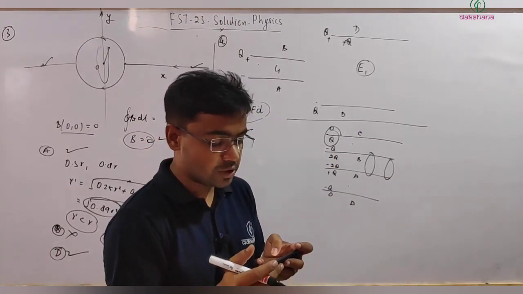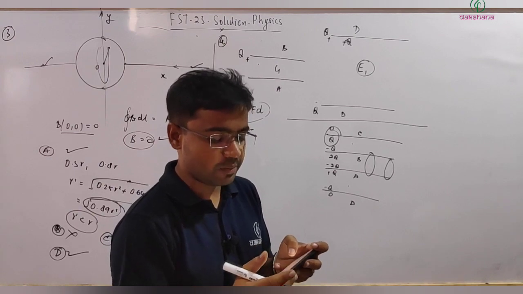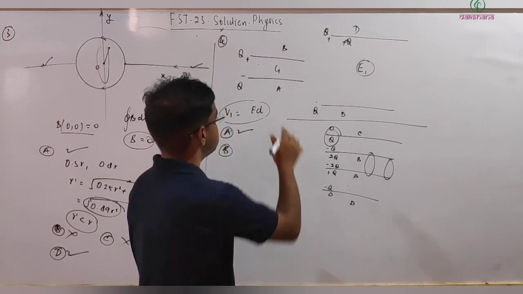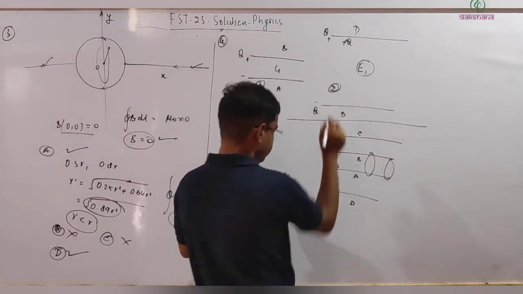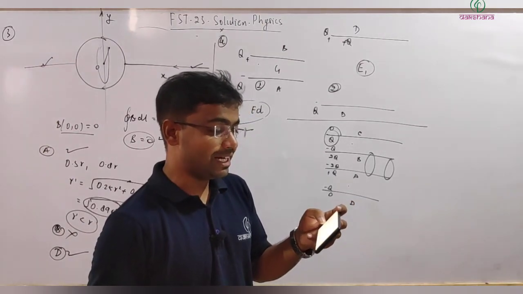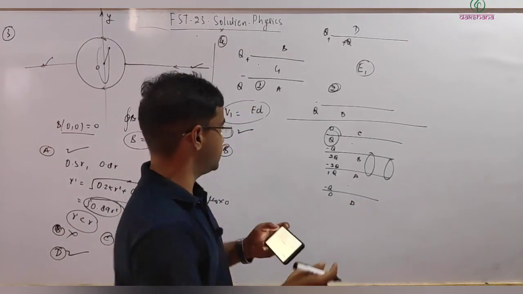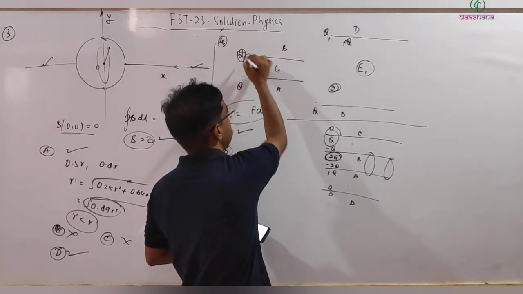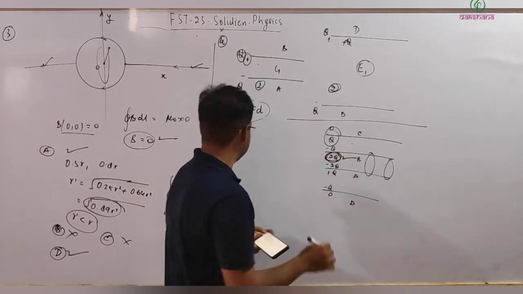The magnitude of charge on one of the facing surfaces of plate of the second capacitor will increase. I made a mistake. First capacitor is this, and this is the second capacitor. So it's saying the magnitude of charge on one of the facing surfaces of the plate of first capacitor will increase after insertion. So yes, it has increased. It was earlier Q charge on the facing surface, and now it has become 2Q. So C is also a correct option.